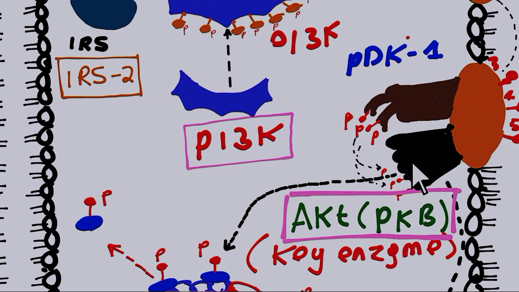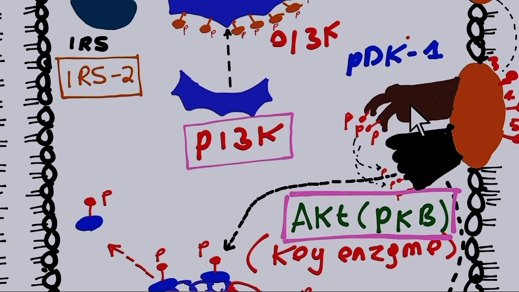Now, when these two proteins bind to PIP3, PDK1 is going to become activated and it has these legs carrying phosphate groups. So it will start adding the phosphate groups to AKT.